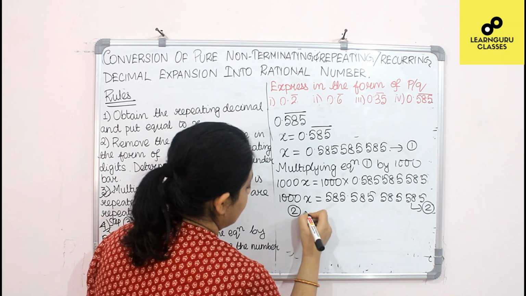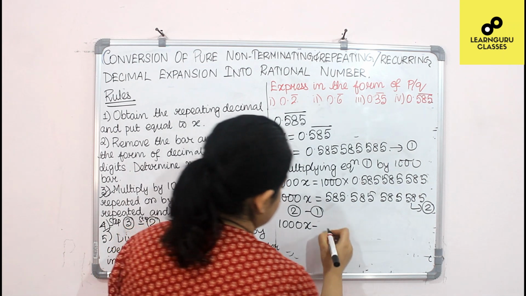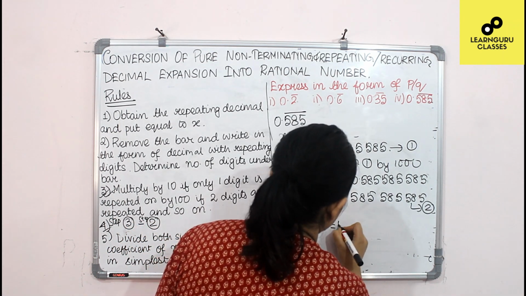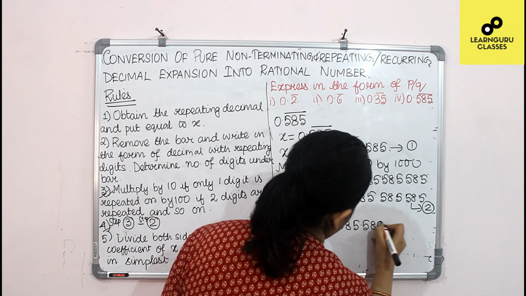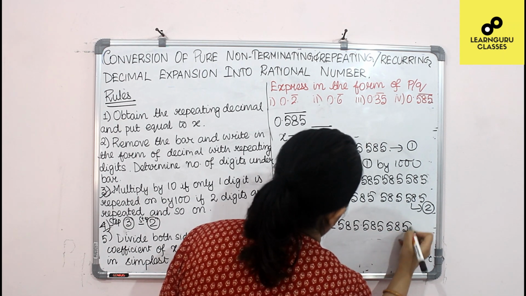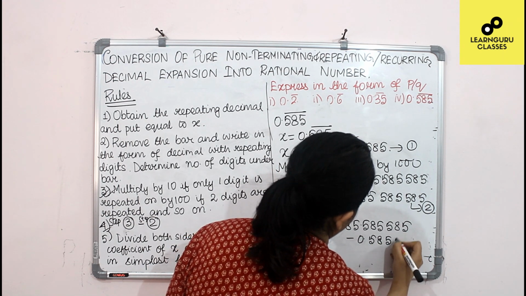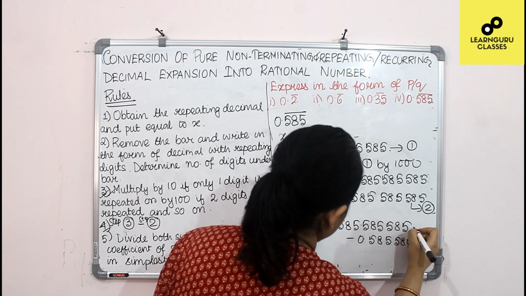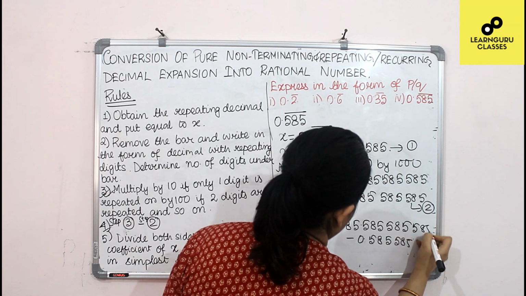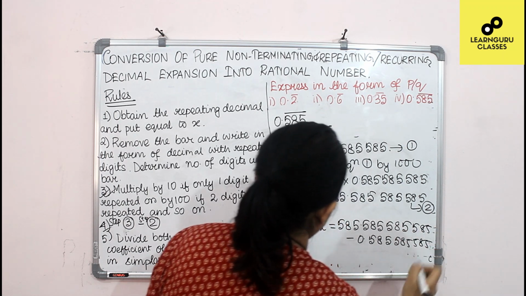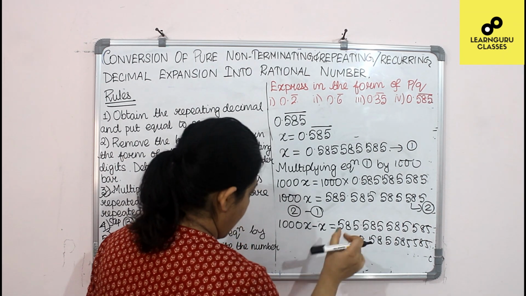So 2 minus 1, that is 1000x minus x equal to 585.585 minus 0.585. Just this will be 0 after the decimal.